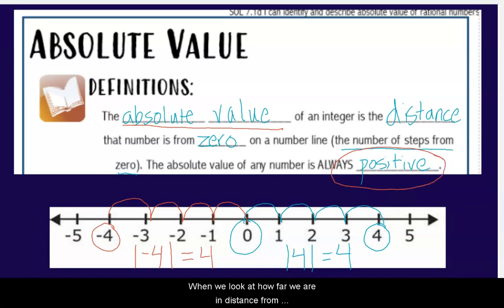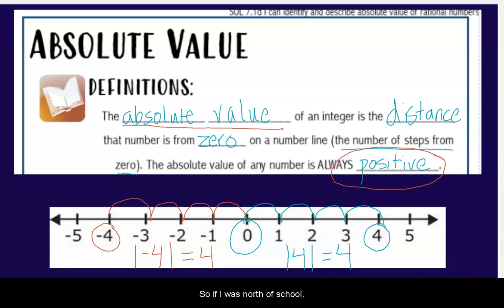When we look at how far we are in distance from something, we don't give distance in miles by positive or negative numbers. So if I'm looking at how many miles I am from school, even though I am south of the school, which would be below or a negative, if I'm 22 miles from school, I wouldn't say I'm negative 22 miles from school. I would say 22 miles.